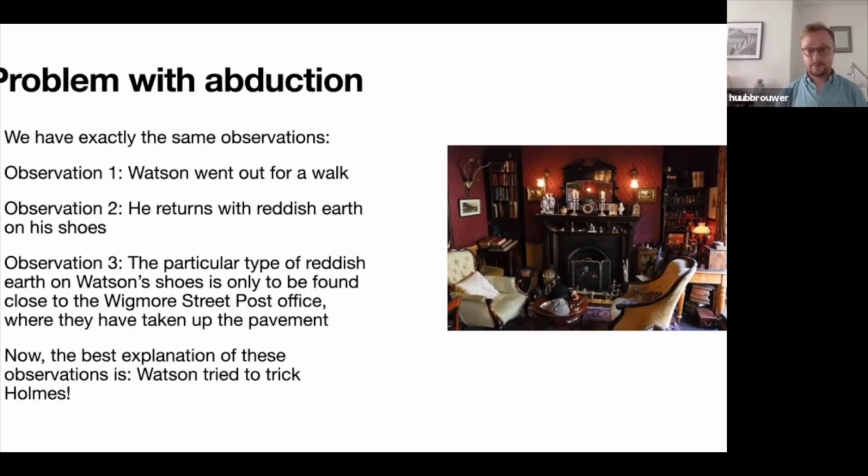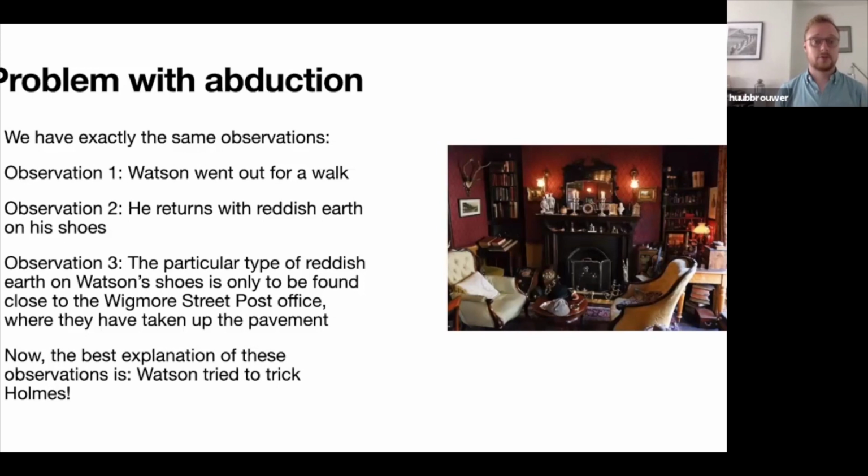We have exactly the same observations here. So Watson went out for a walk, he returns with reddish earth on his shoes, and a particular type of reddish earth is only to be found near the Wigmore Street post office, where they've taken up the pavement. But it seems that the best explanation of these observations is that Watson tried to trick Holmes.